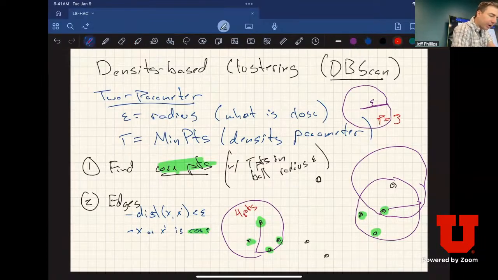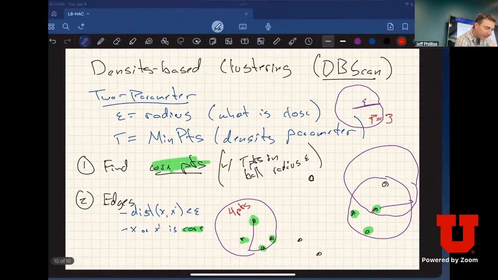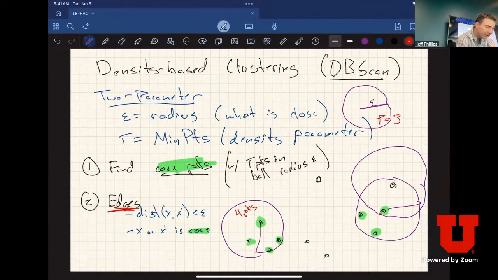Let me draw these edges now. These sets of core points are all going to have edges. These two edges will also exist because the distance is less than r, and one of them is a core point. I don't need both to be core points.